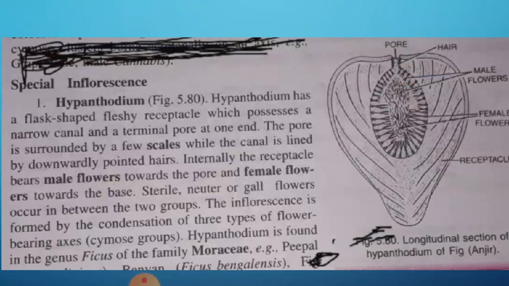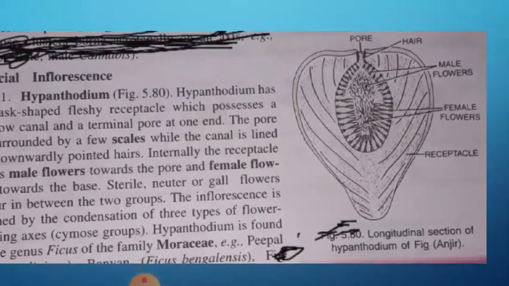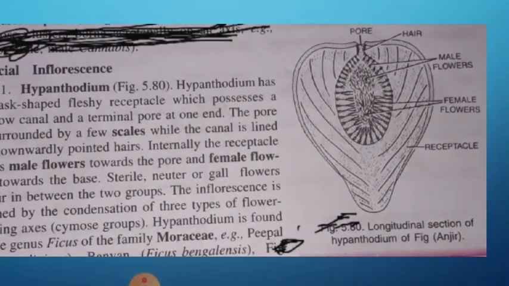Internally, the receptacle bears male flowers towards the pore and female flowers towards the base. In this type of inflorescence, female flowers are present towards the base, and the male flowers are present towards the pore. Sterile and neutral or gall flowers occur in between the two groups.